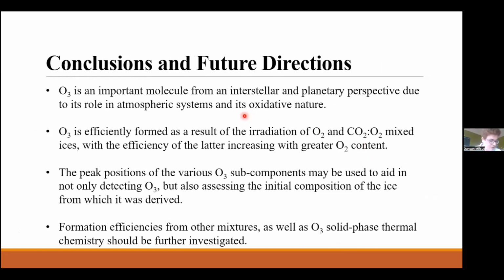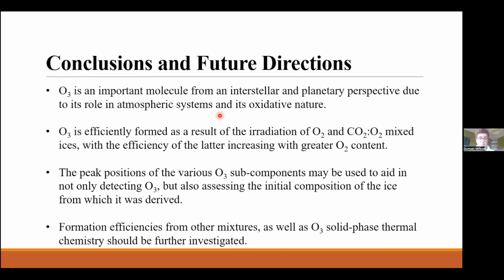So I can see that I'm just about to run out of time here. So just to conclude very quickly, ozone is a very important molecule from both an interstellar medium and a planetary science perspective, mainly because of its role in atmospheric systems and its potent oxidative nature.